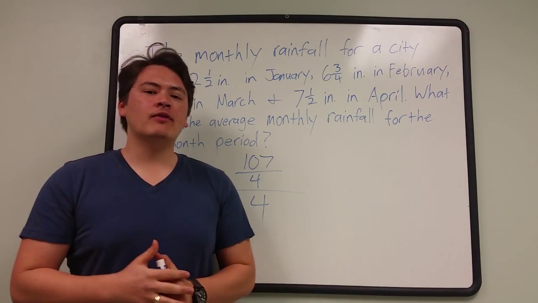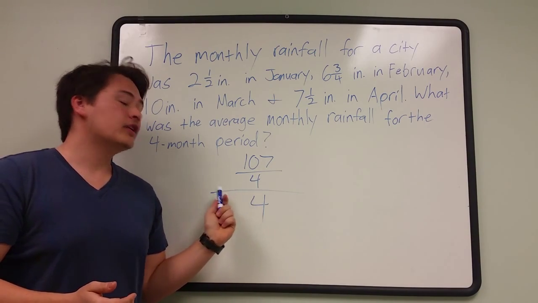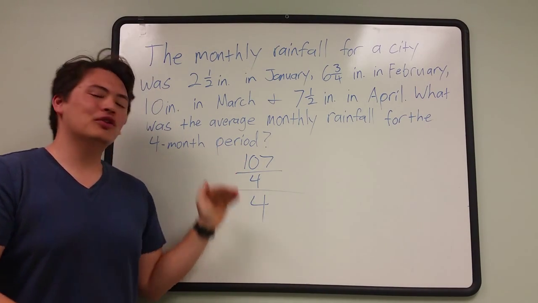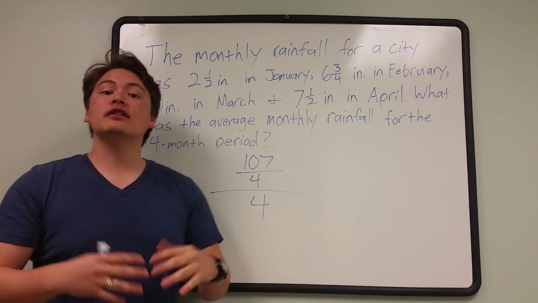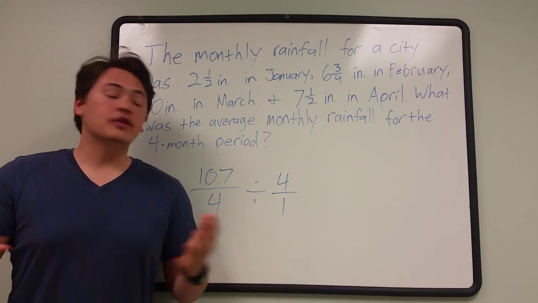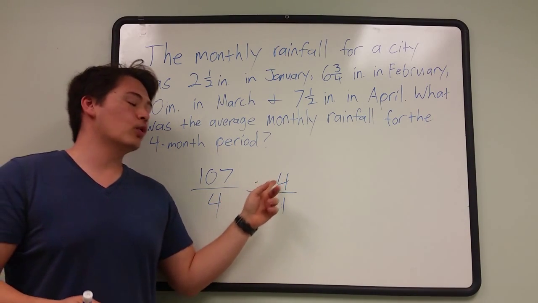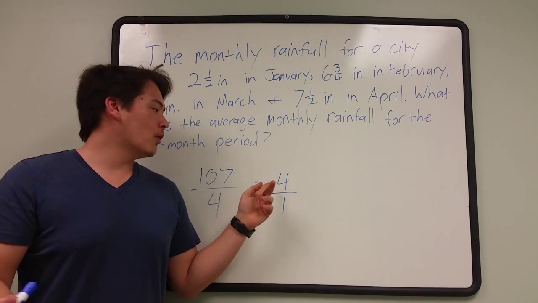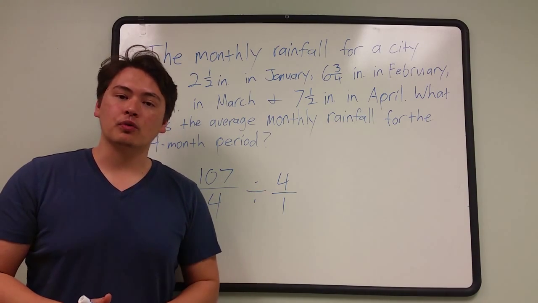So now we have rewritten 26 and 3/4 to be 107/4 divided by 4. Now we don't like looking at these levels, having one level here and one level here, so I'm going to write it linear. So now we have it as 107/4 divided by 4/1, and I wrote 4 as 4/1 because any whole number is over 1.